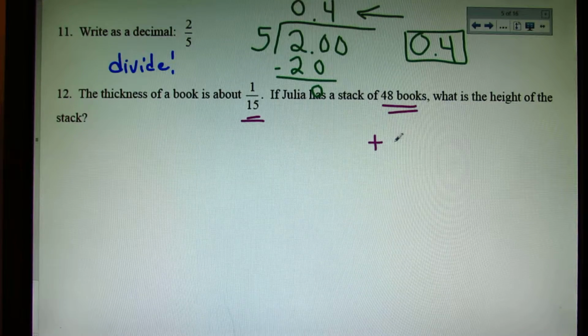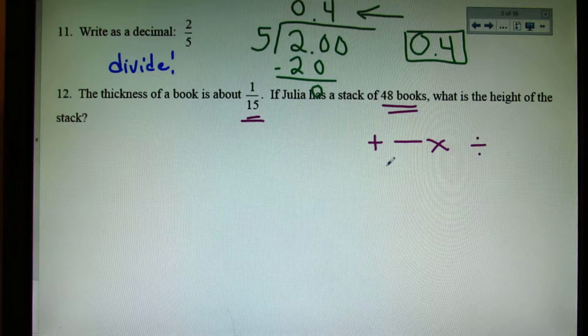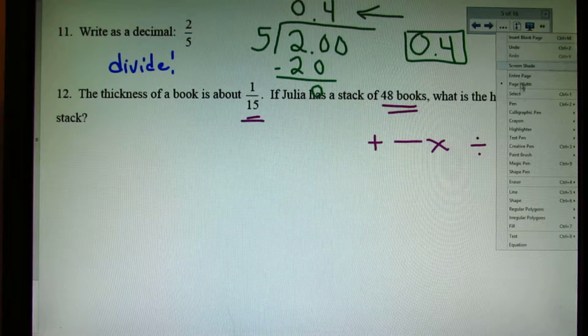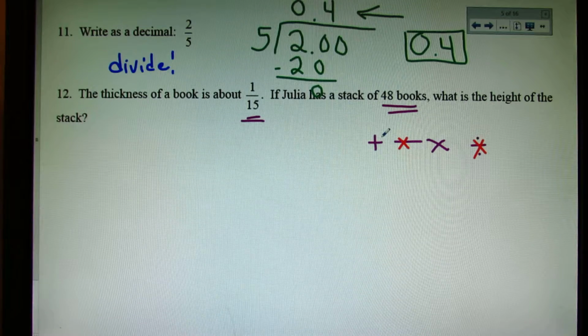We have adding, subtracting, multiplying, and dividing. Is the height of my stack going to be more than 1/15? Well, I have 48 books, so yeah. Makes sense, right? So I'm not going to be using subtraction, and I'm not going to be using division. I want my number to be bigger.